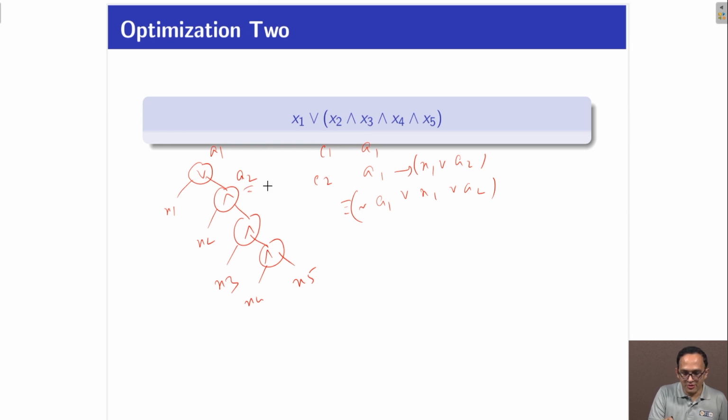Then C3 is for a2 implies x2 and x3 and x4 and x5. So, that was the original expression.